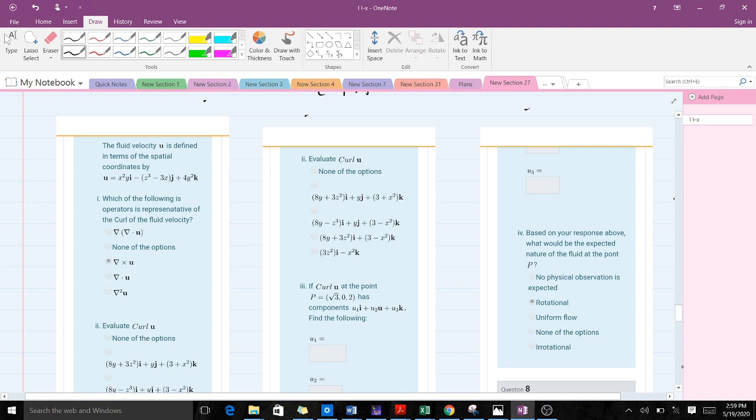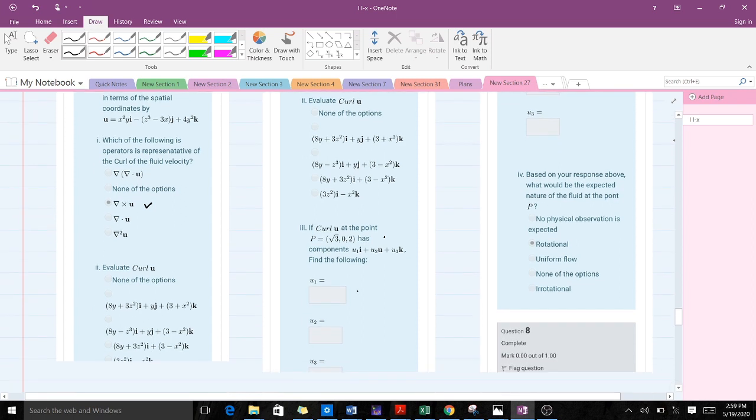We are supposed to find the representative of the curl of the fluid velocity. The curl is represented by this, as you can see here. You are supposed to evaluate the curl of u. After that, you are also supposed to evaluate the curl of u at the point p equals (root 3, 0, 2), and find the values for u1, u2, and u3.